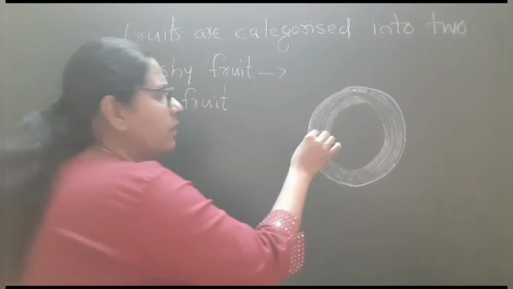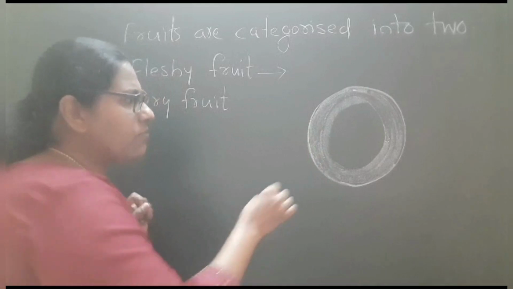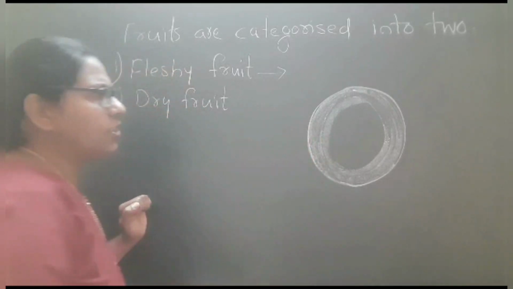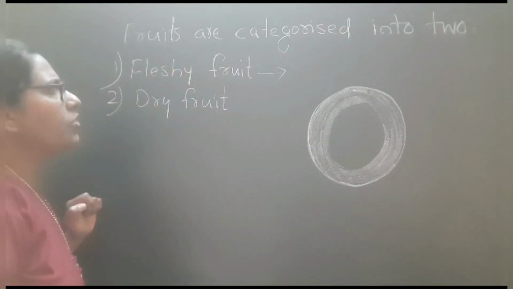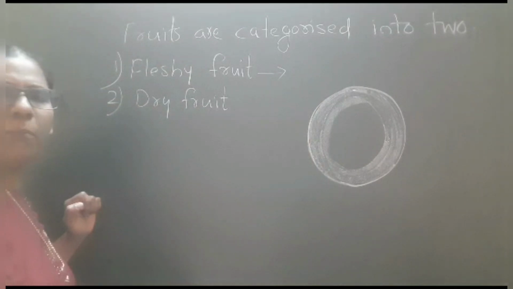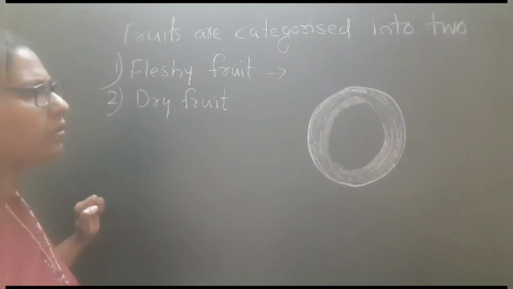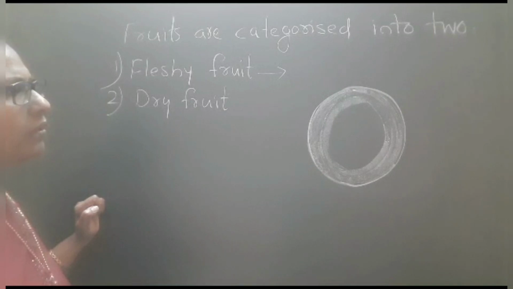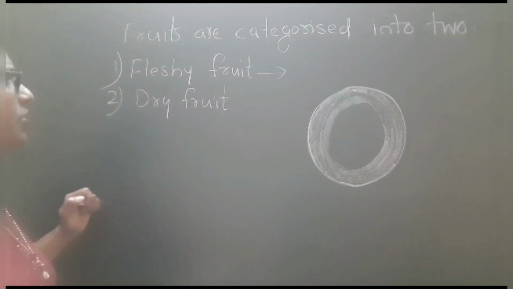This fleshy part is edible; we can eat it. Examples of fleshy fruits are mango and apple.